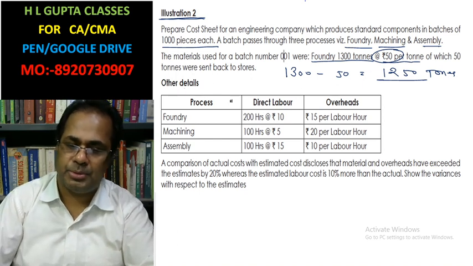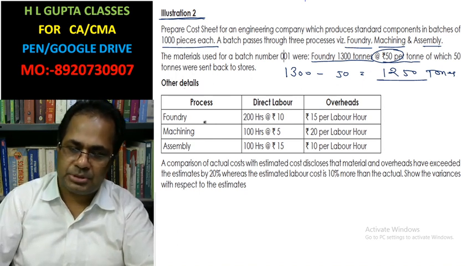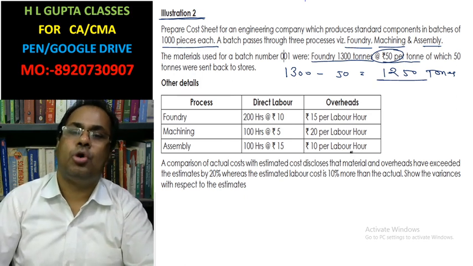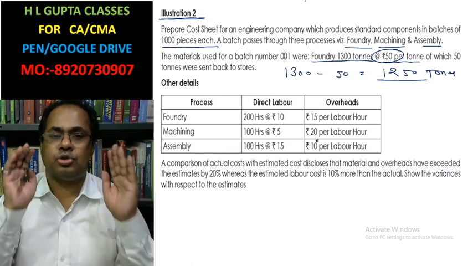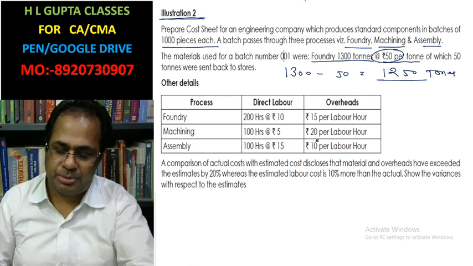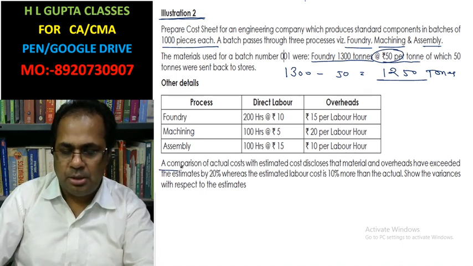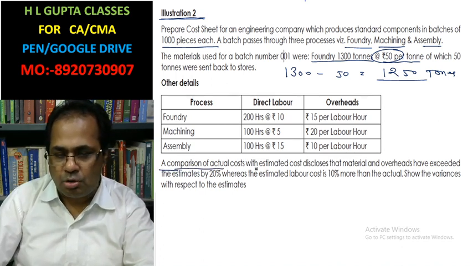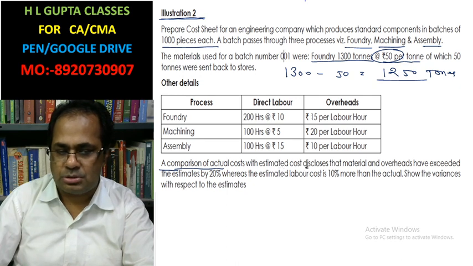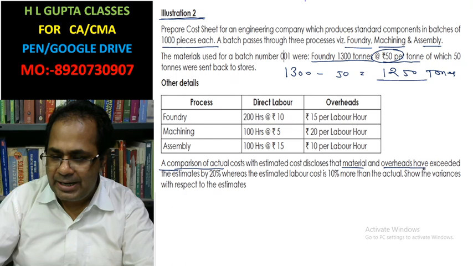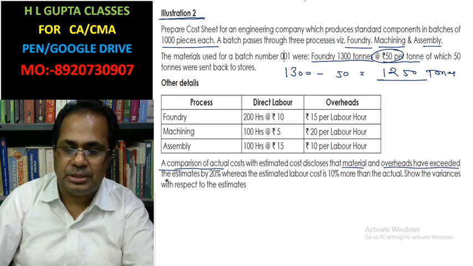Other information: direct labor information for foundry, machinery and assembly is given. Overhead rates are also given. All this information is given on the basis of actuals. In the question, a comparison of the actual cost with the estimated cost discloses that material and overheads have exceeded the estimate by 20%.